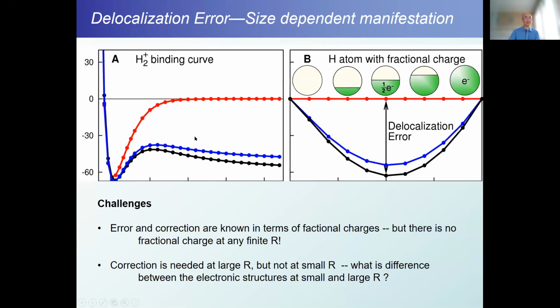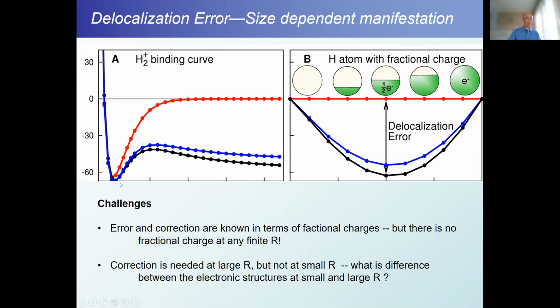Where are the fractional charges in the system? You only have one electron in the one occupied orbital. You always have an integer number of electrons in the calculation. So the fractional variable that we need is not available in a calculation. Second challenge: the correction should be there and should taper down and be zero at equilibrium, because at equilibrium the fractional analysis is not useful.